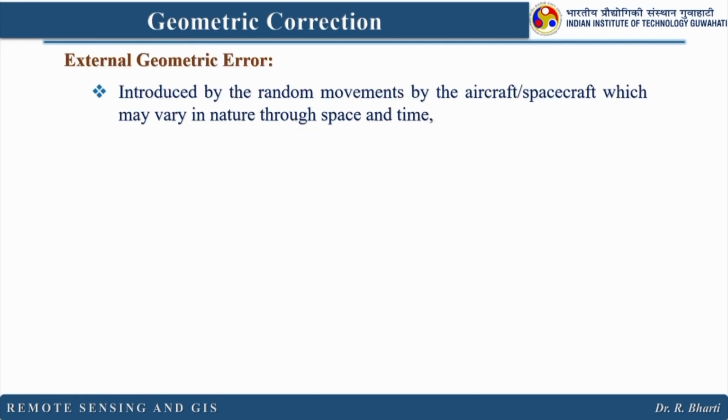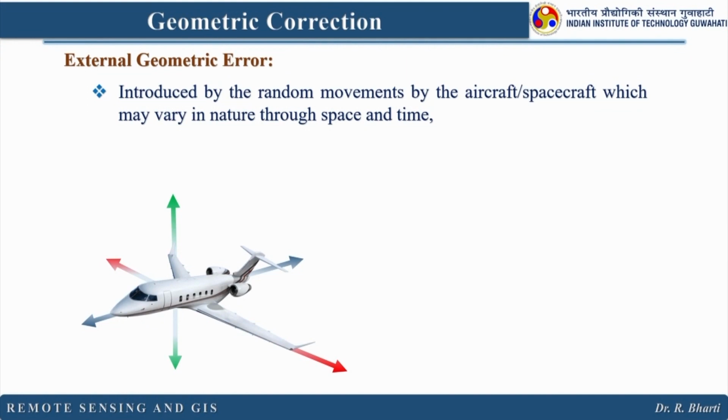Now, this distortion is introduced by the random movement of the aircraft or a spacecraft, which may vary in nature through space and time, right. So, that is the definition of randomness. And here you can see there is a plane, right, in case of airborne remote sensing, or you can consider a satellite here instead of this aeroplane.